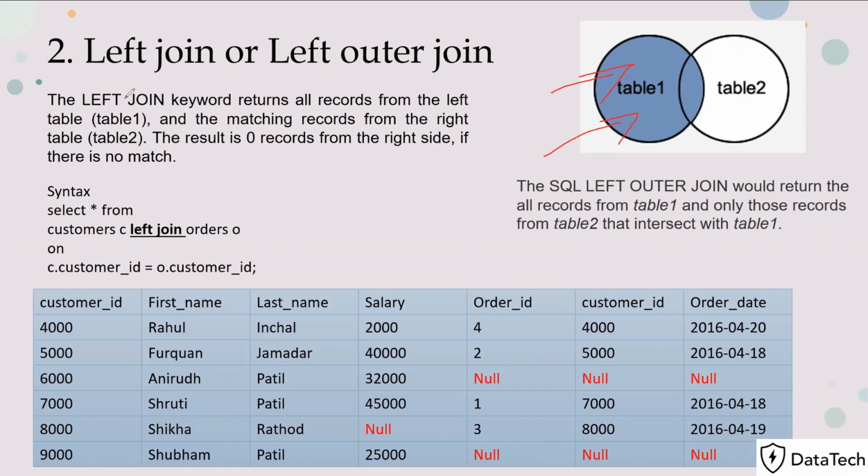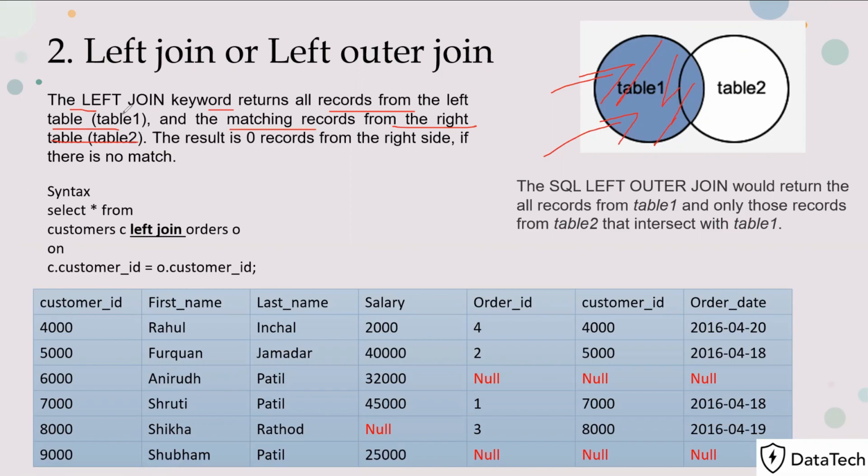Let's see what it says. The left join keyword returns all the records from table 1, and the matching records from the right table, that is table 2. Not table 2 entirely, but only the matching records from table 2.